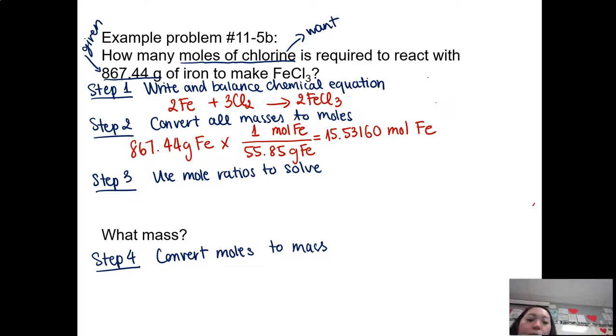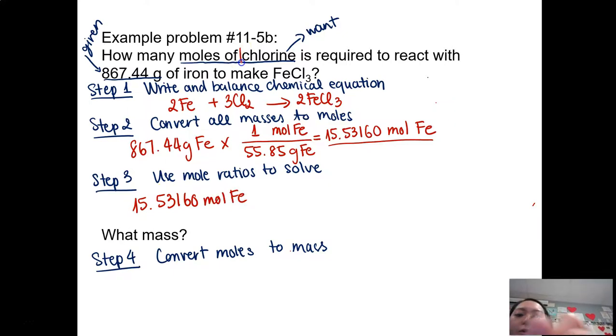You save that until the very last step. So now that we got the mole of iron, now we use the mole ratio, just how I showed you in class. So now the new given is no longer the 867.44 gram of iron. Our new given is actually this. So I want to transfer that number down here, where now I can use the mole ratio to figure out the mole of chlorine.